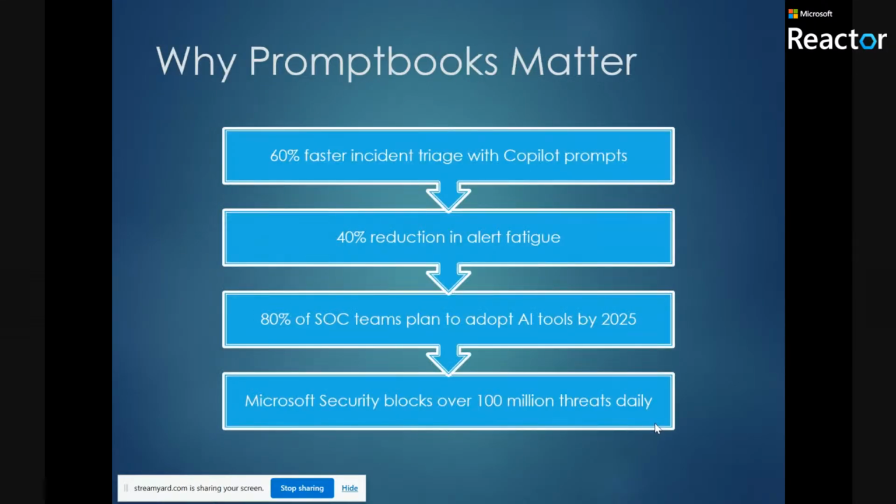Now obviously why it matters: these numbers are again taken from some other metrics, and they might change from time to time, but overall, as I say, 60% faster, because I just showed you, right? If I click on an incident which takes 45 minutes, I can solve it in 10 minutes. Then there's the reduction in alert fatigue. Obviously that 5,000 number will come down, because I can ask Copilot, okay, what are the false positives, and find a common pattern, find the common entities which are creating false positives.